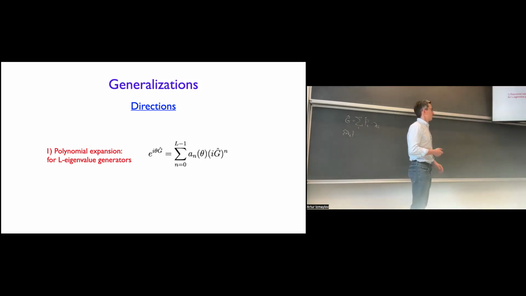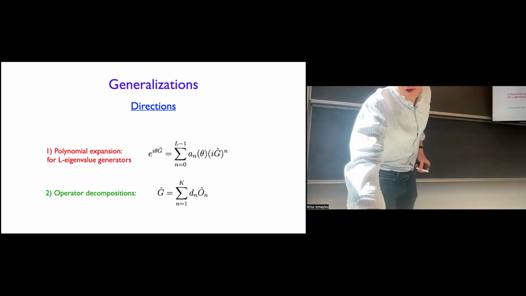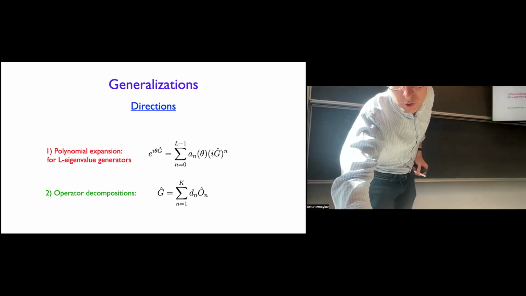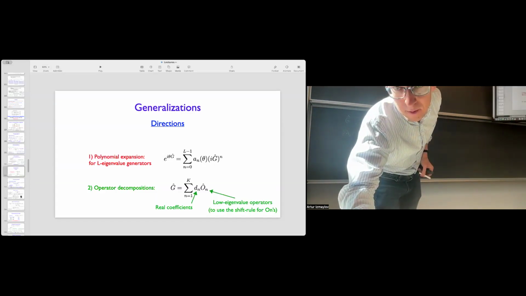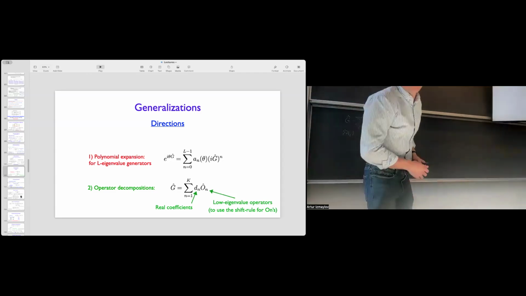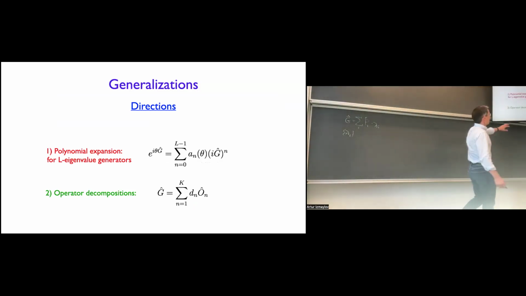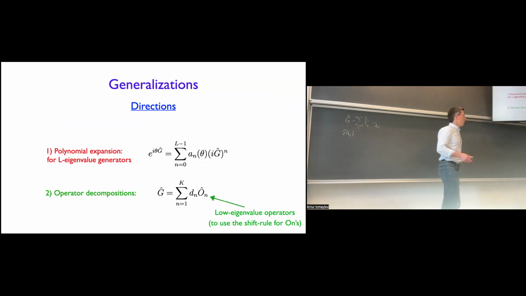So it's relatively straightforward. And then it turns out that there is yet another approach, which is just decomposing the generator in linear form, as a linear combination of operators, and those operators are somewhat simple. They have a low number of eigenvalues.